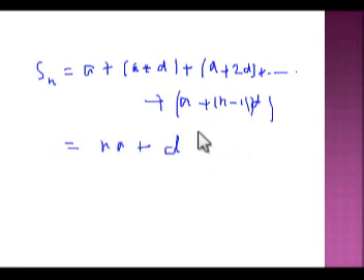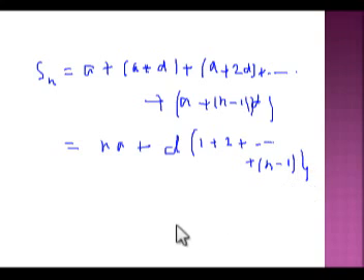If we take D common, then we will have 1 plus 2 plus dot dot up to n minus 1. We have to know the summation of natural numbers, 1 plus 2 plus 3 plus dot up to n.